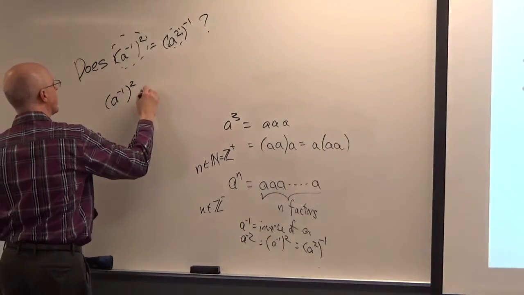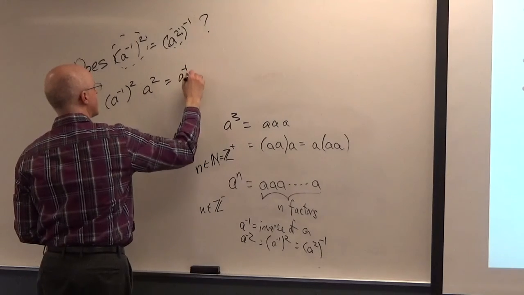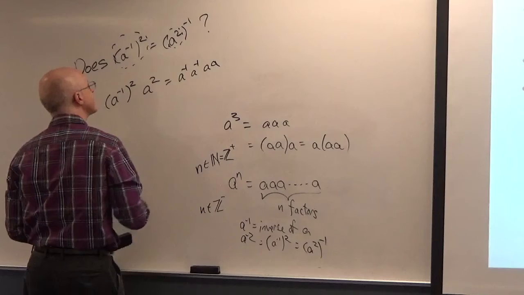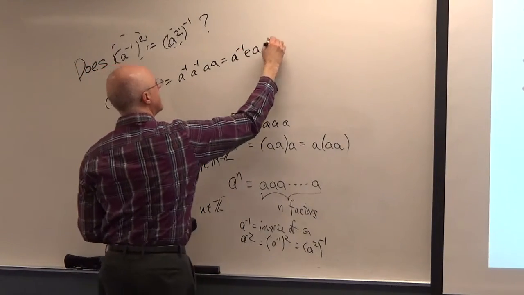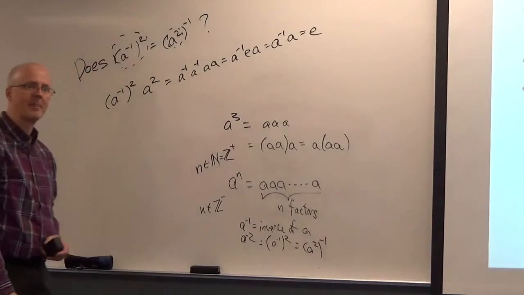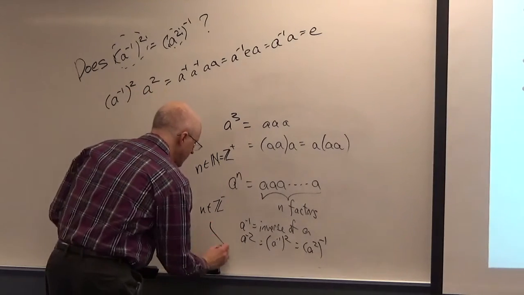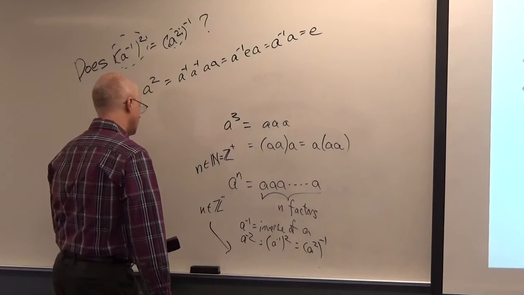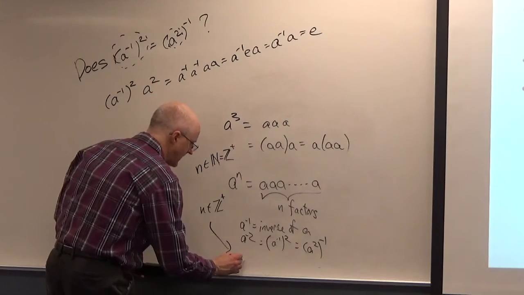A inverse squared times a squared. But a inverse squared is a inverse times a inverse, and a squared is a times a. Yes, this does give the identity. Likewise, in general here, maybe I should think of n as a positive integer and write a to the negative n.